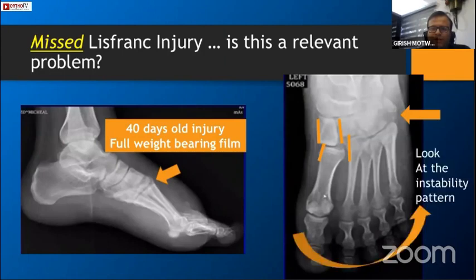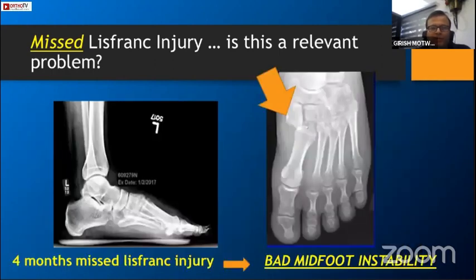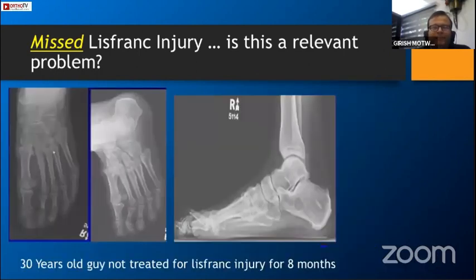Now you can suspect the mode of injury: the whole forefoot was abducted to its extreme position, and this was the mechanism of injury. Four months down the line, he was again not treated, or not ready for surgery, and finally landed up with bad midfoot instability. You can see it on this X-ray.